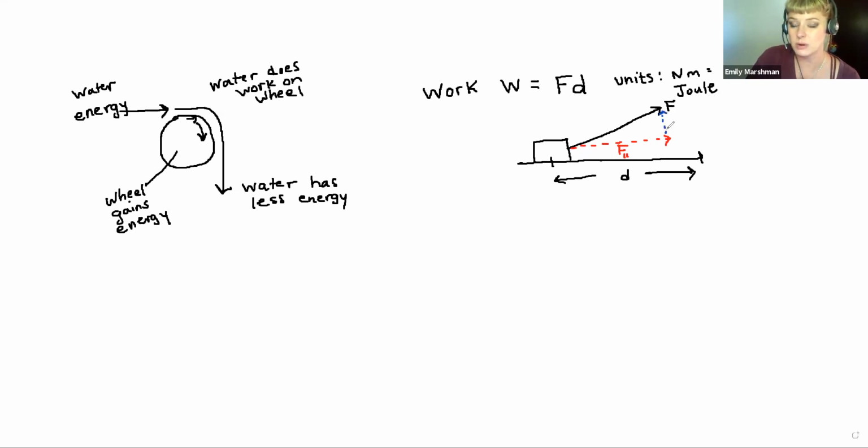So this part of the force that's pulling upward is the part of the force that's perpendicular to the motion, right? The object's moving to the right. This part of the force is pulling up on the object. This part of the force is pulling to the right. Only this part of the force, the parallel part, contributes to any work done.